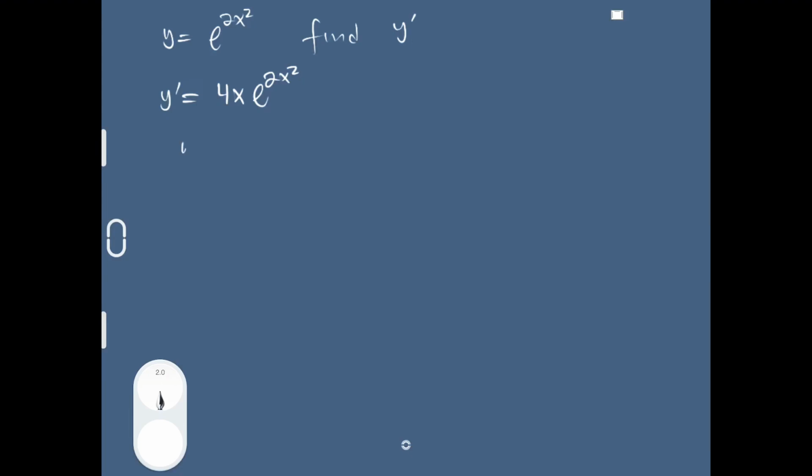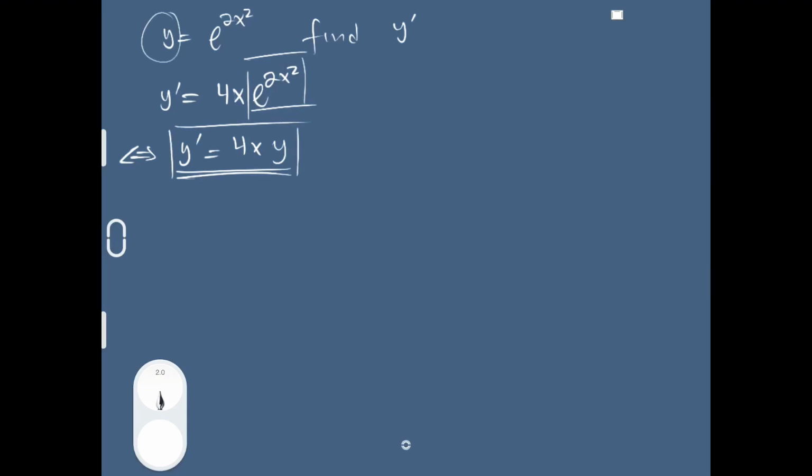And we also see that y prime is equivalently equal to 4x y, right? Because e to the 2x squared is the value of our function y. So that's pretty straightforward. We know how to do that.